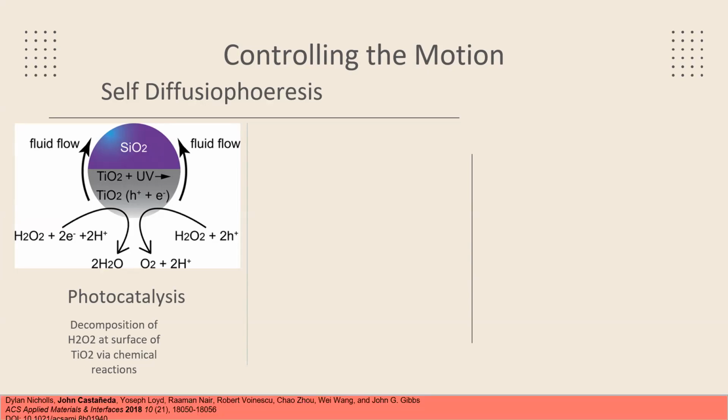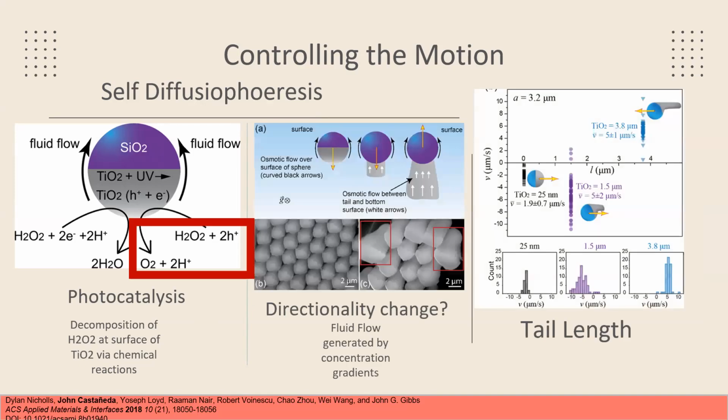So this is some work from a previous publication that I have from a few years ago where we looked at increasing the size of my tail lengths. How does directionality change? So what we learned was by increasing the tail length, once you reach that threshold, or that length of the diameter of the seed particle, that directionality changes.